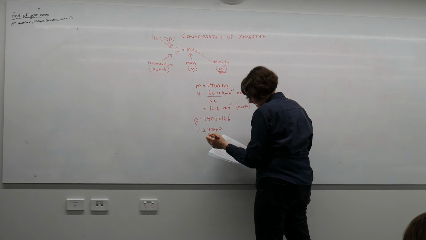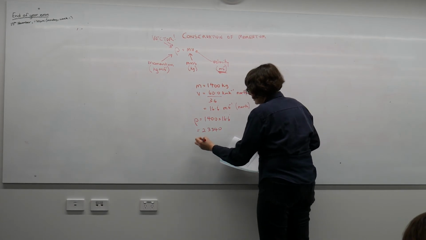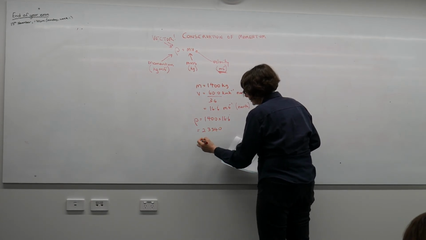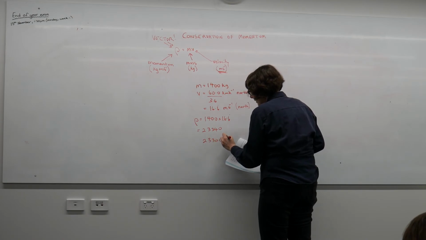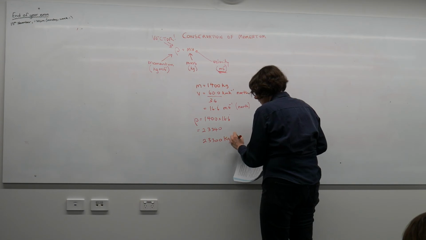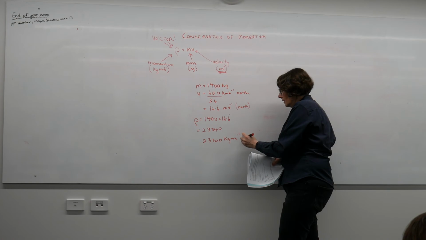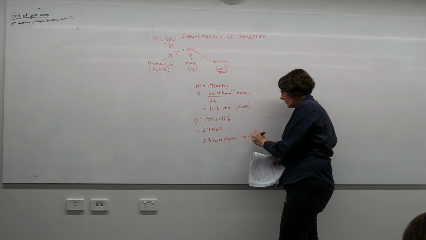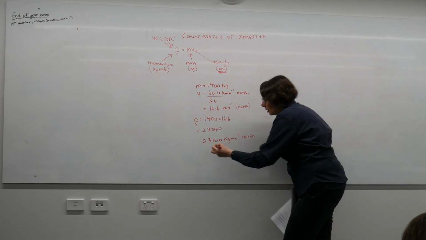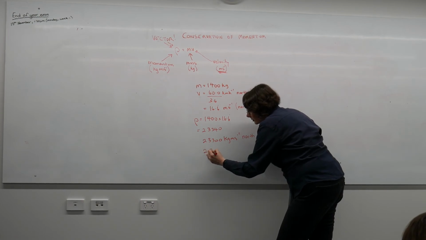So we're going to change this to 3 significant figures. We could write it as that, towards north, because we have to have direction. Or we could write it using scientific notation.